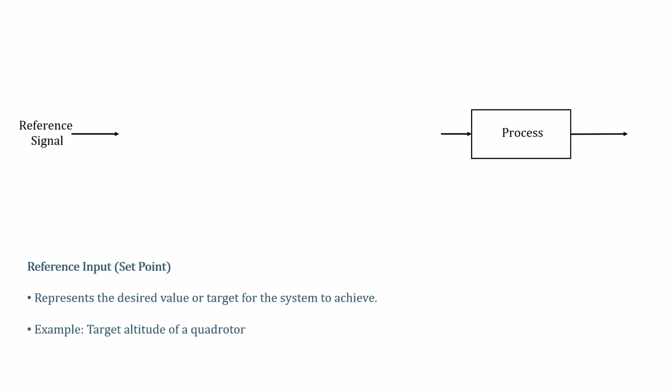As I say, the desired output is nothing but the reference signal. What is the reference that you are giving? Your reference is 1 meter for the quadrotor example. It can be something else also. For example, if you have a motor and you want the motor to rotate at a particular speed, suppose 100 rpm. In that case, the motor becomes your plant, that is the device that you want to control, and what is your desired signal or the reference signal?